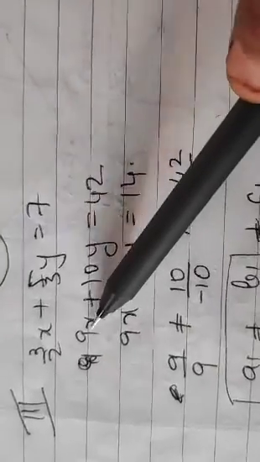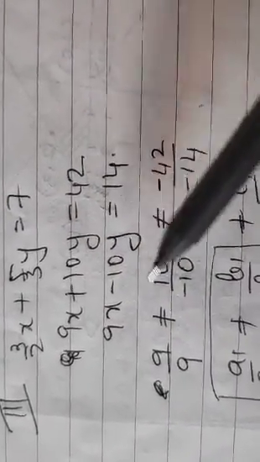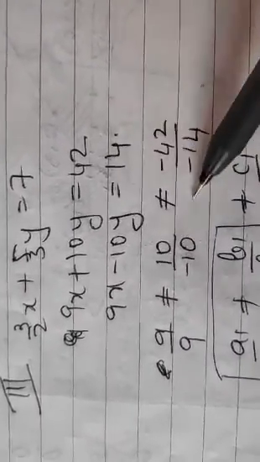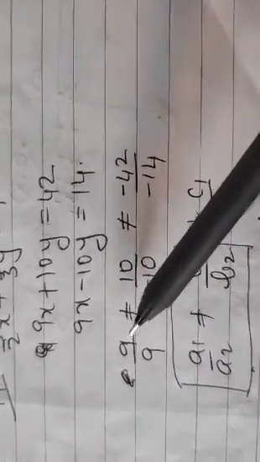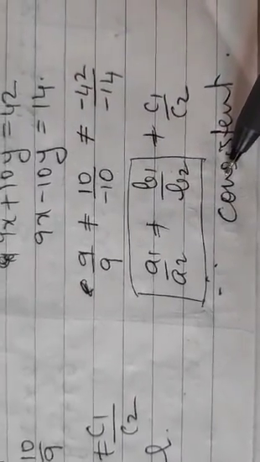Now you find out a1 upon a2, b1 upon b2. Okay, are they equal? No. फिर third देखने की जरूरत नहीं है. In fact, all the three are not equal. But once you get a1 upon a2 and b1 upon b2 are not equal, it means it is consistent. Answer will be unique. आई बात समझ में?